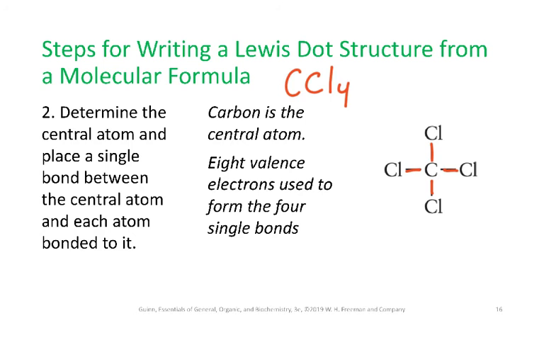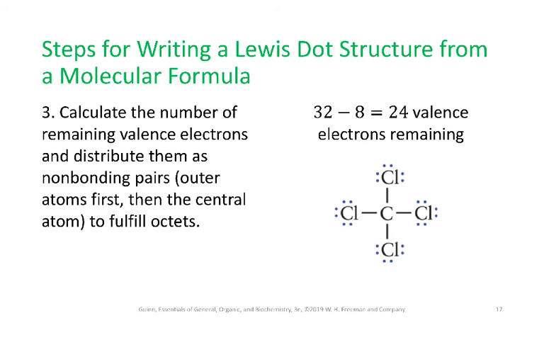Then, step 3. We need to calculate the number of remaining valence electrons and distribute them as pairs to the outer atoms to fulfill octets. Right, so we had 32 total that we needed. We've used up 8 by giving carbon its 4 bonds. So there's 24 valence electrons remaining.